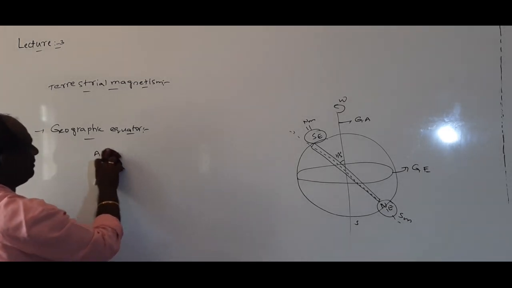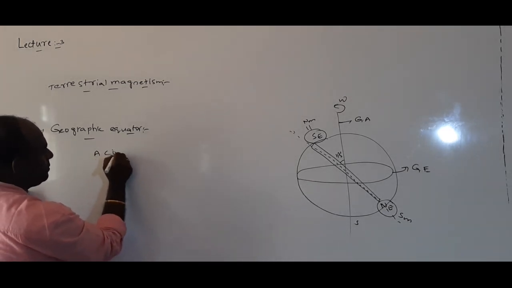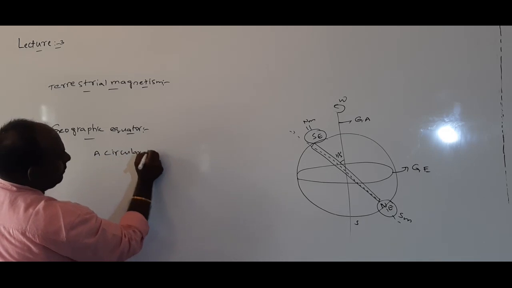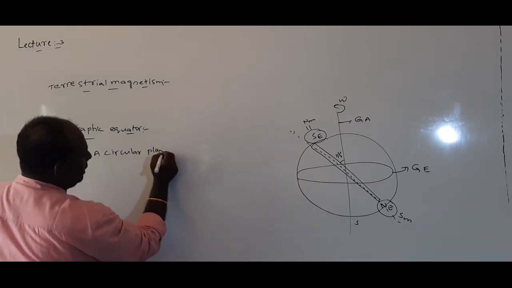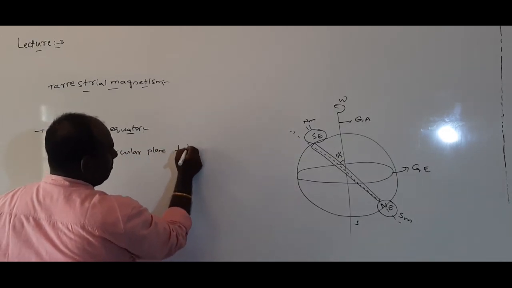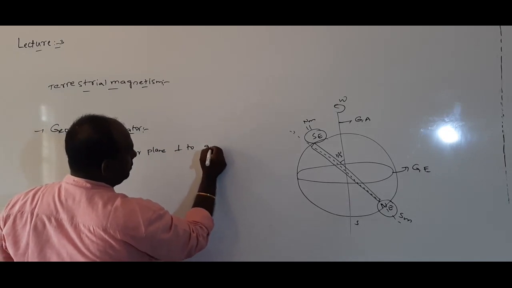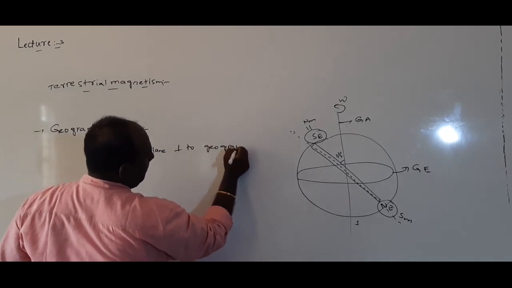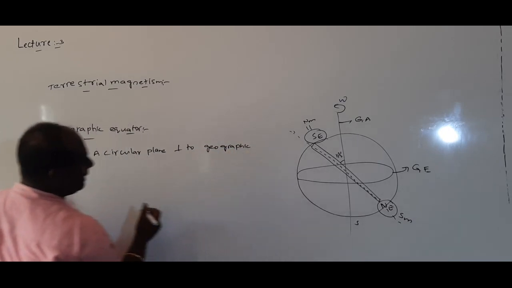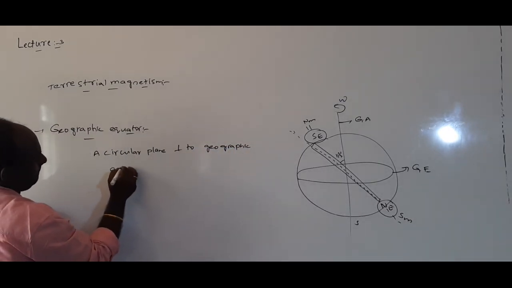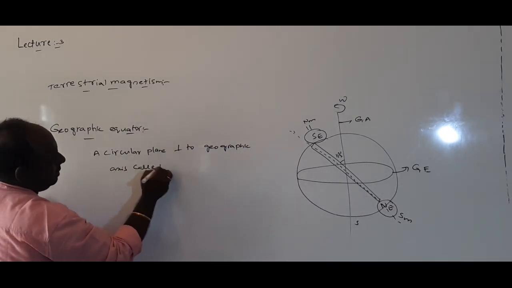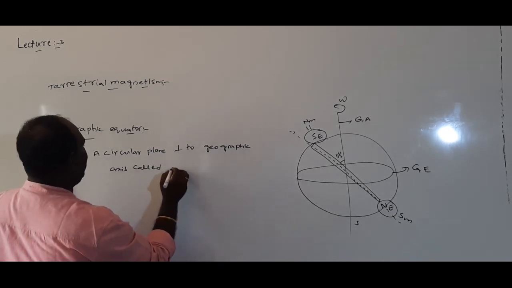A circular plane perpendicular to the geographic axis is called the geographic equator.